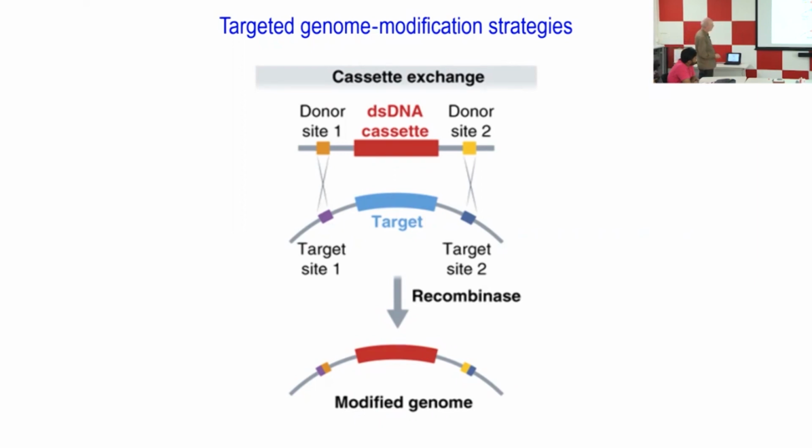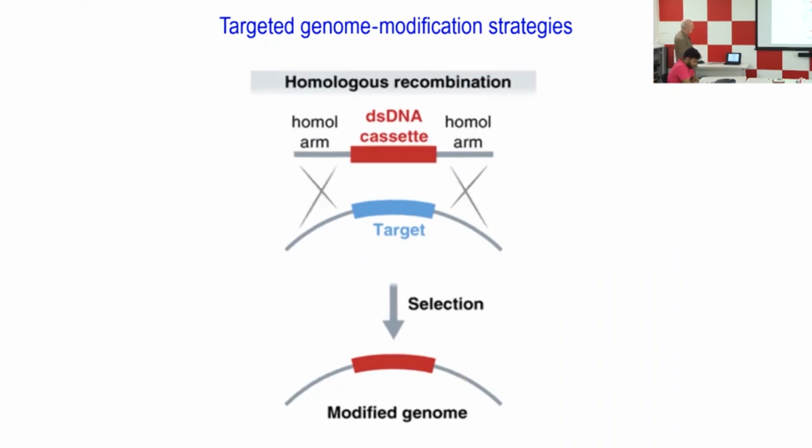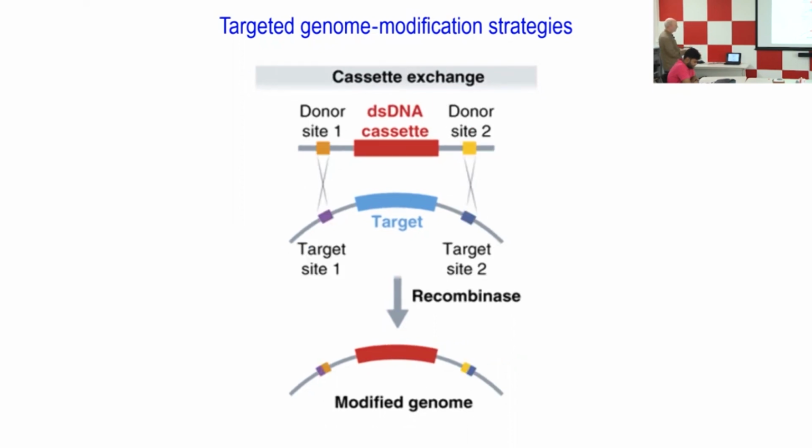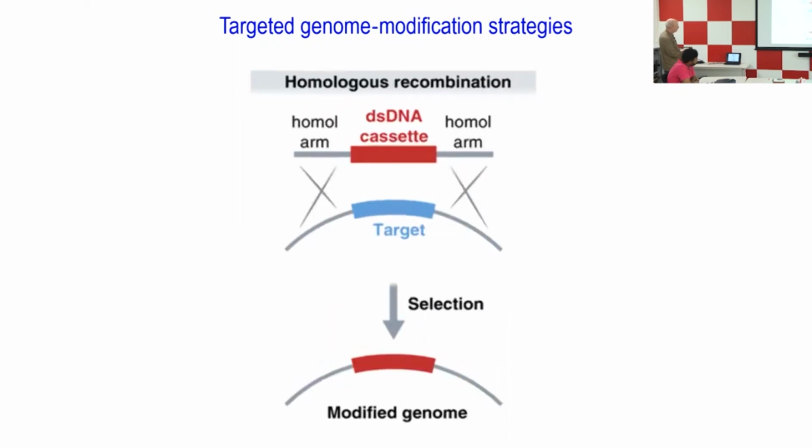Again, at the end you have a modified genome. You can have small segments of DNA, or big chunks of DNA, that you can combine one way or the other. This would be more specific recombination, but you can also play with a more extensive recombination at the sites, and you can use homologous recombination for this type of operation.